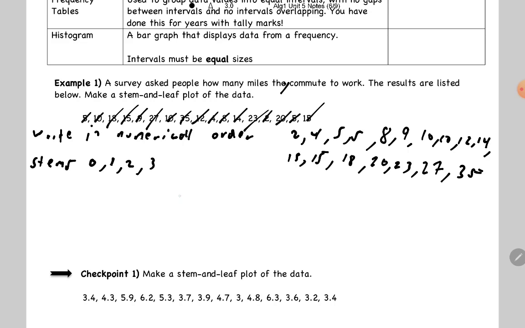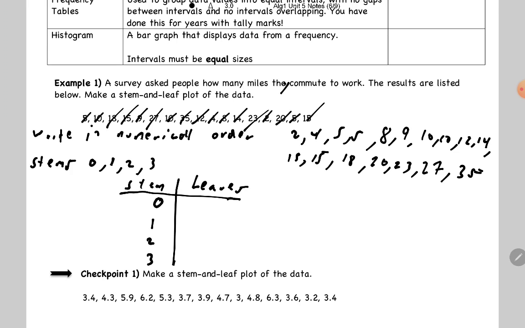Now we're going to create our stem and leaf plot. You must write stem and leaves. So we're going to have 0 here, then 1, 2, 3. This is how it works.